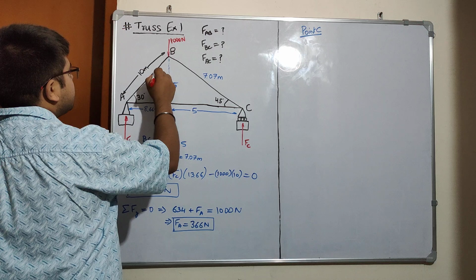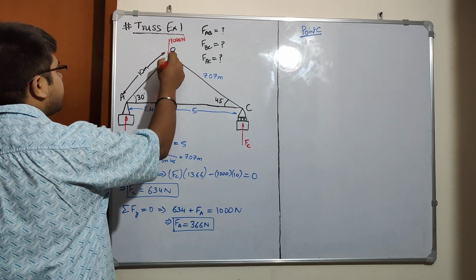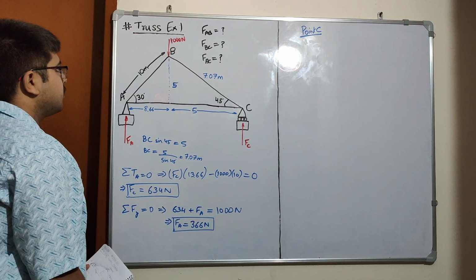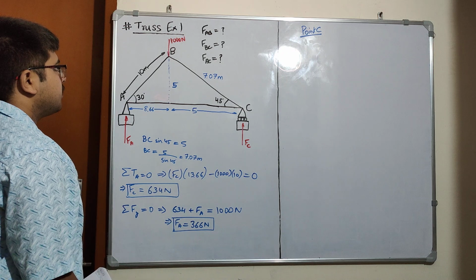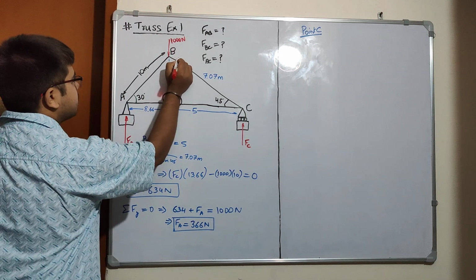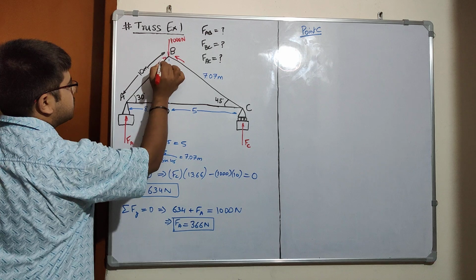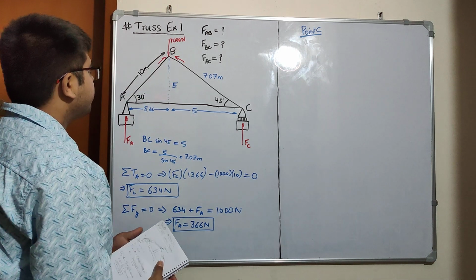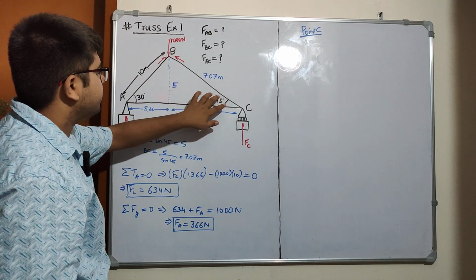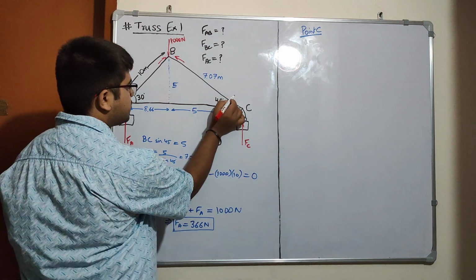So these two members would be pushing the force away such that the point B remains stationary.